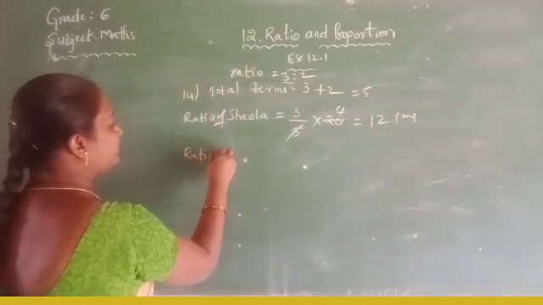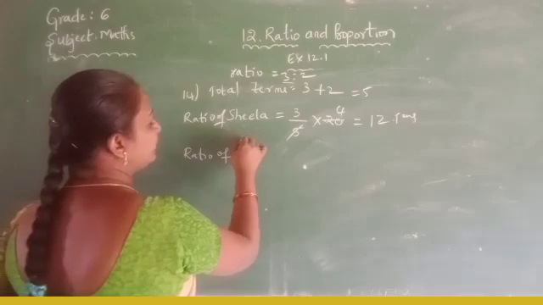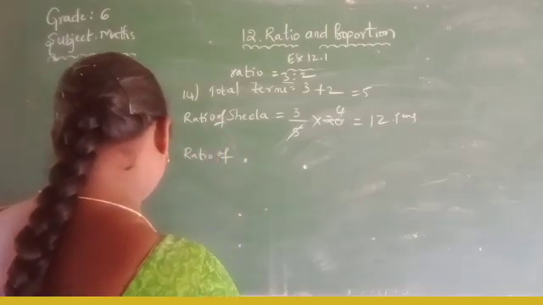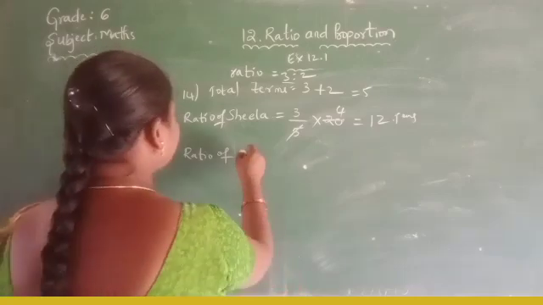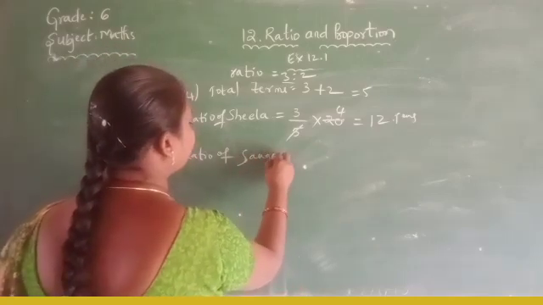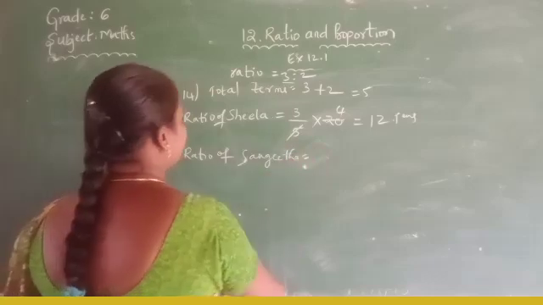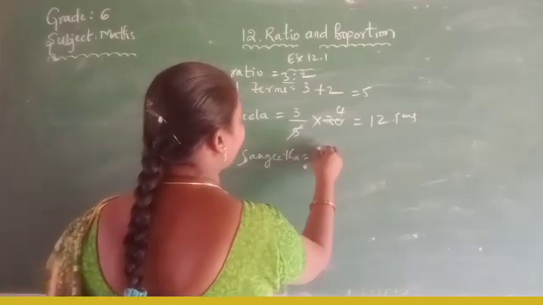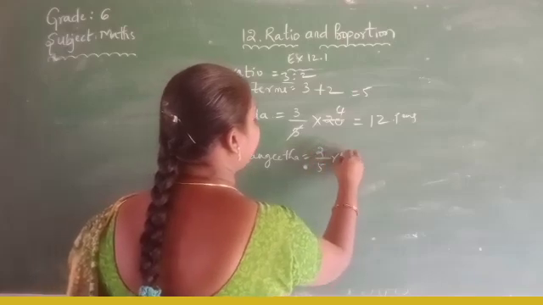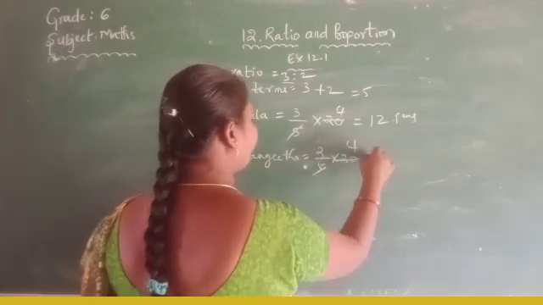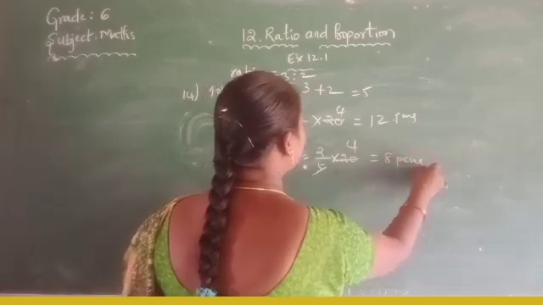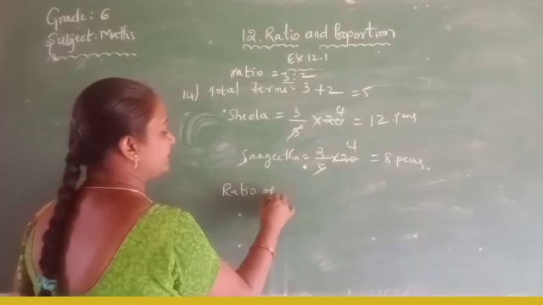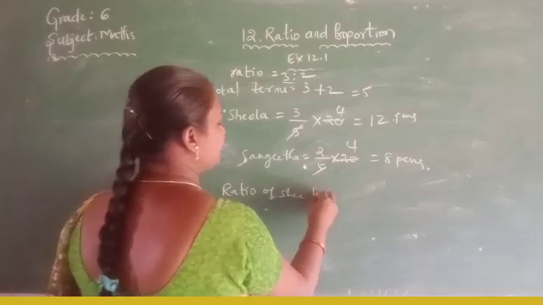Similarly, the ratio of Sangeeta. Sangeeta will have 2 by 5 into 20. 5 ones are 5, 5 fours are 20, total 8 pence she will get. What is the ratio of Sheila to Sangeeta?